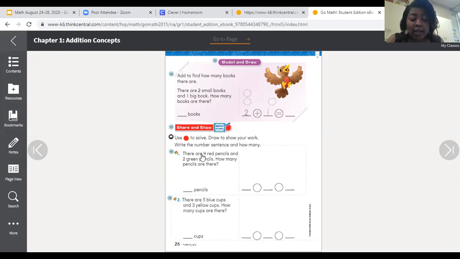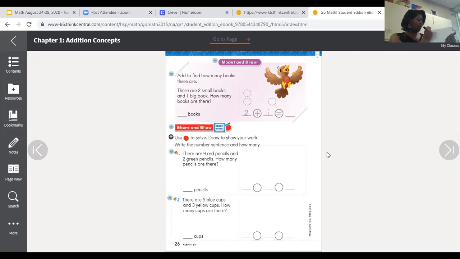Let's look at the numbers that we see. Take a moment to underline 4 red pencils and 2 green pencils. That's very important, okay? So we're going to write a number sentence. And means that we're going to add, we're joining together.